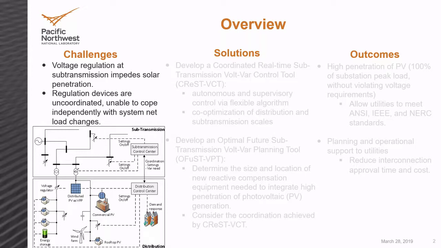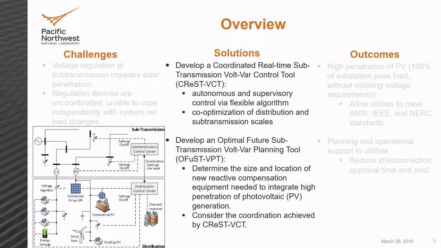So in this work we have proposed and developed 2 different solutions. One is a tool for real-time operation. We called it Coordinated Real-Time Subtransmission Volt-VAR Control Tool, or CReST-VCT.